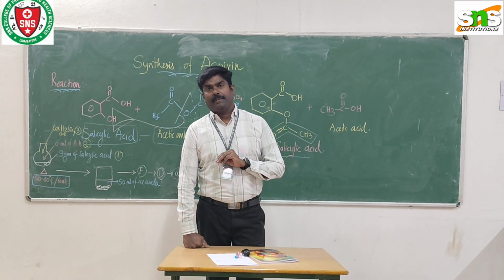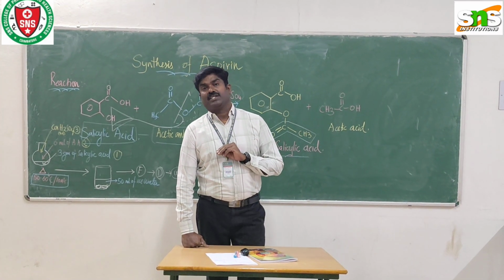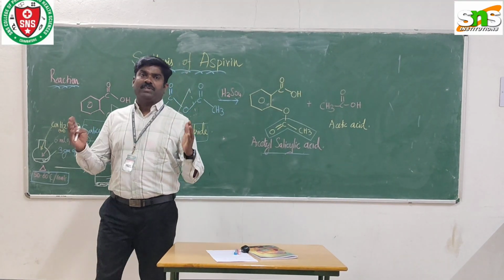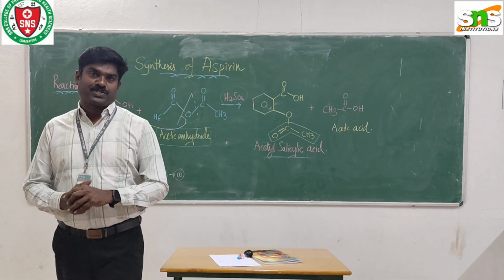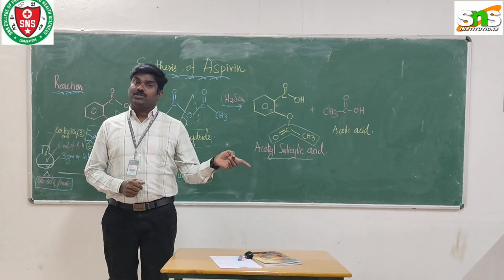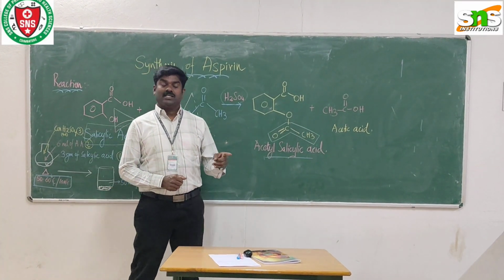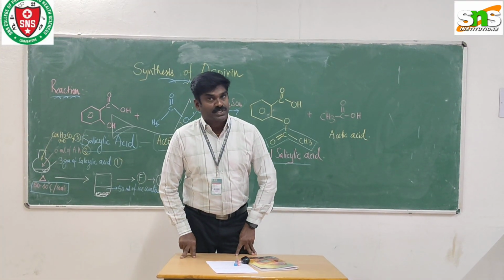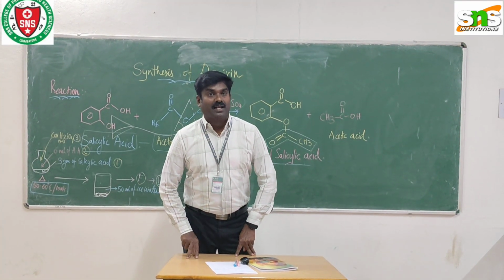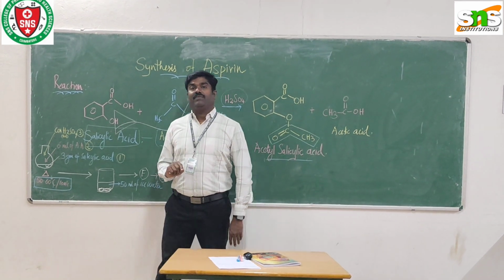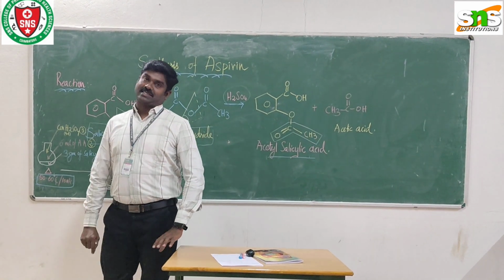At the same time, this quantitative estimation can also be performed with the help of visible spectroscopy. When acetylsalicylic acid is allowed to react with ferric chloride, we get a purple color compound. This purple color intensity is directly proportional to the quantity of aspirin present in the given sample.